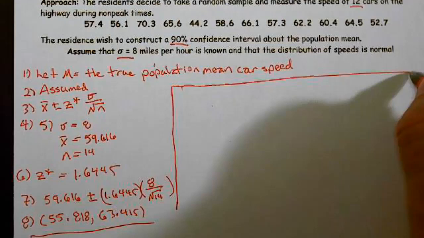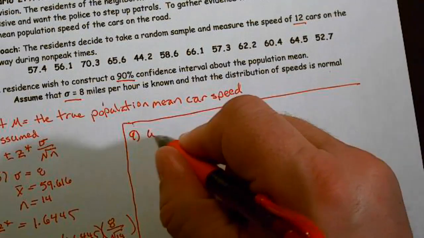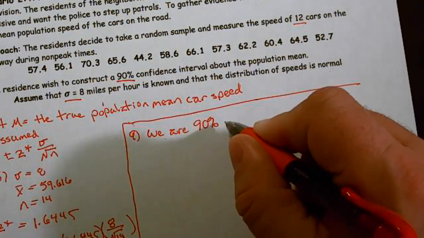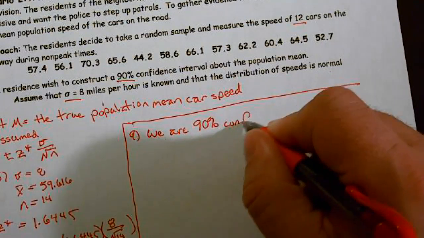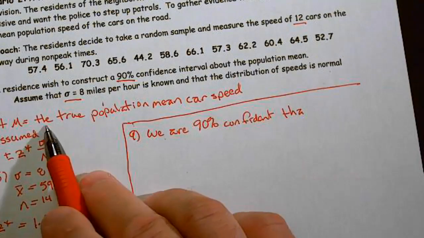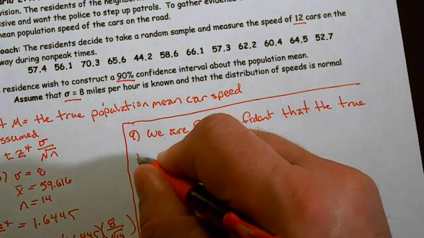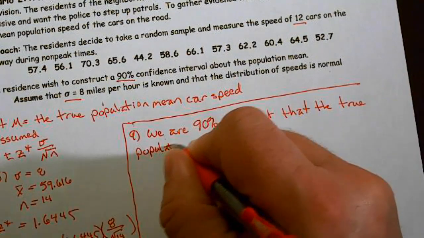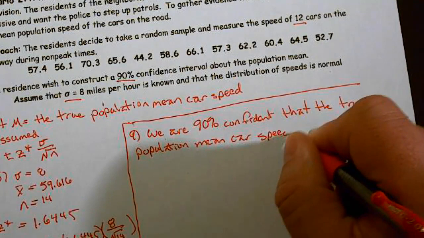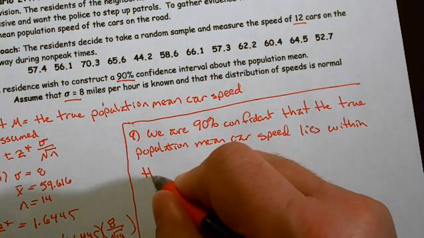So I'm going to skip up over here to the top and write number 9. So number 9, we are 90%, because that's our confidence level, 90% confident that, and we're going to just use our definition right here, that the true population mean car speed lies within the interval.